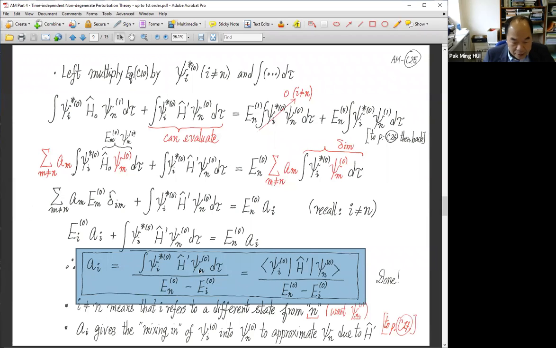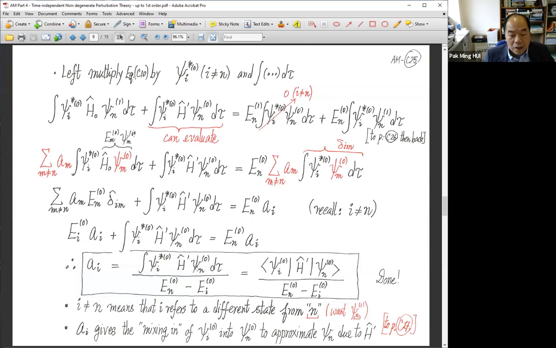Okay, now that makes sense because if H prime is not there, it is 0, everything is 0. Meaning, if H prime is not there, the nth eigenstate of H0 and all the eigenstates of H0 are orthogonal to each other. They have nothing to do with each other, okay?